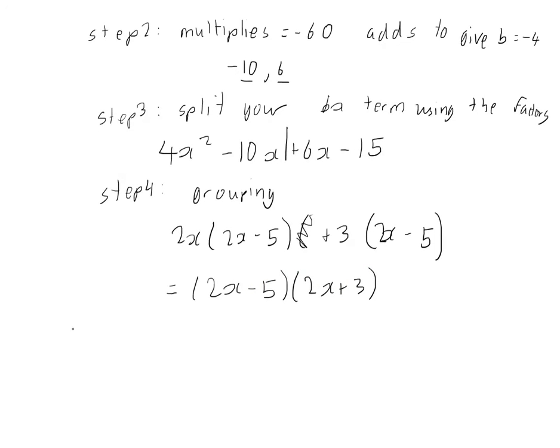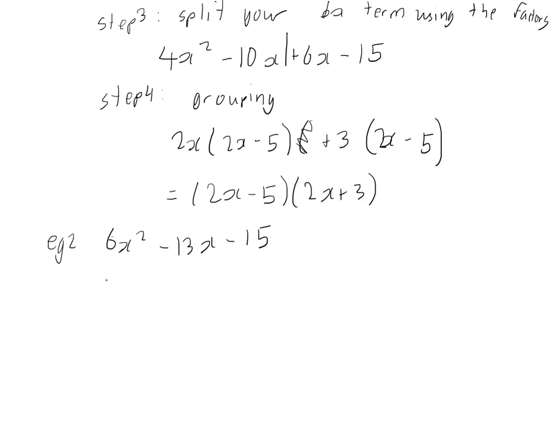Okay, I want you guys to have a crack at this example 2: 6x squared minus 13x minus 15. And that's example 14 in the textbook. There's another way to do this in the textbook which you can have a look at and see if that's more comfortable for you. Just step 1. So step 1 would be ac is equal to negative 90.